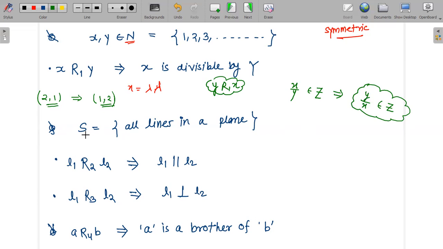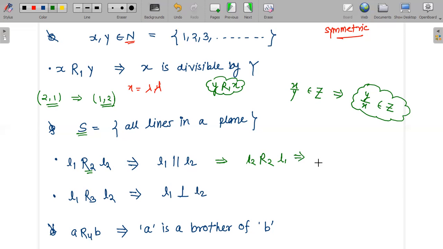Now have a look at the next one. A set of lines in a 2D plane. Relation R2 is given such that line L1 is parallel to line L2. If both the lines are parallel, swapping the positions of L1 and L2, I just have to prove that L2 is related with L1 in the same manner as L1 is related with L2.